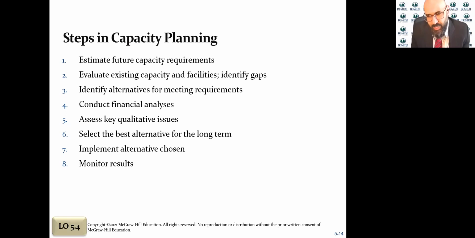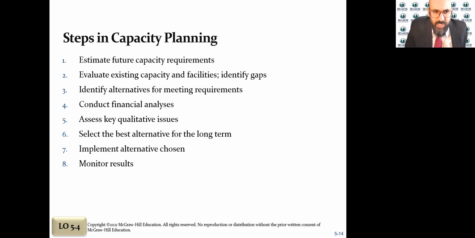So, okay, what can we do right now. And then 3, identify alternatives to meet the demand. Number 4, conduct financial analysis. So, if I want to buy a machine, is that worth it or not? Can I buy 2 machines? Can I hire 2 more people to be able to serve these customers?